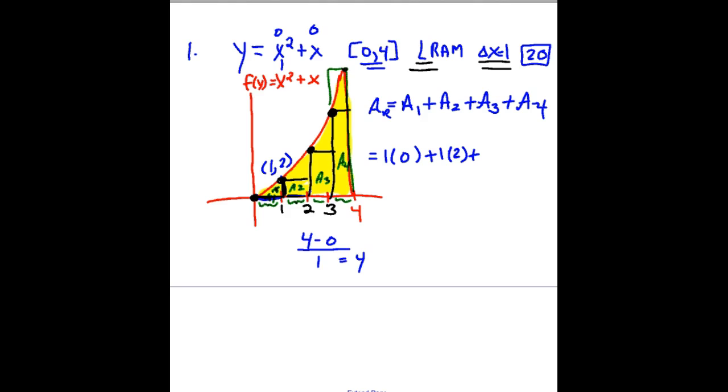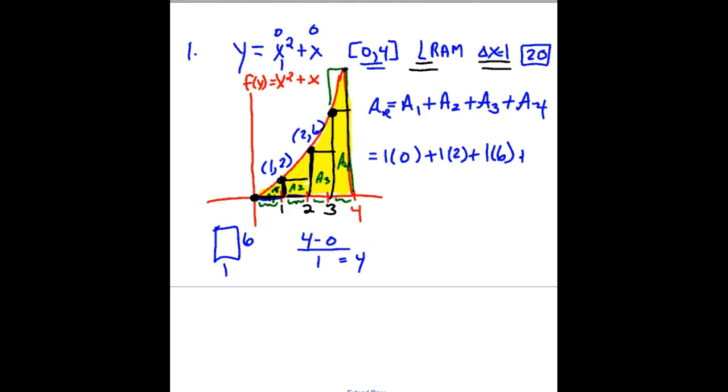Plus, rectangle number 3 hits up here at 2, where 2 squared plus 2 is 6. So again, base times height: it's 1 times 6 for that third rectangle.